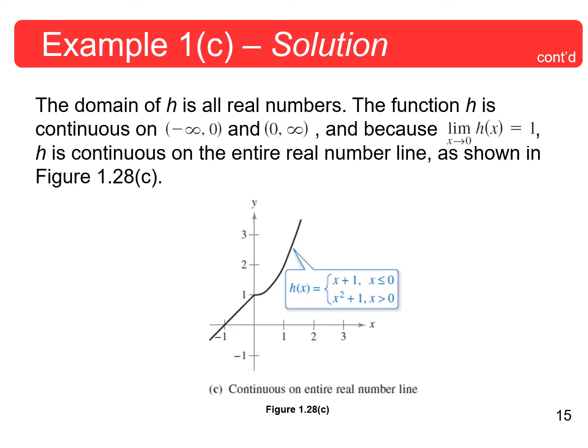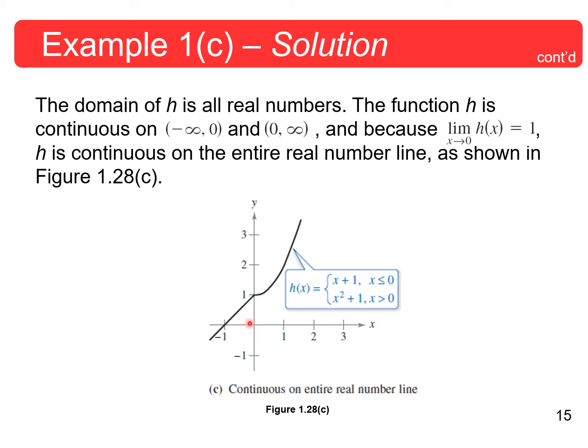Now for the third function, h of x equal to this piecewise defined function, x plus 1 whenever x is less than or equal to 0, and x squared plus 1 whenever x is greater than 0. As you can see here from the graph of the function, the domain of h is the set of all real numbers.